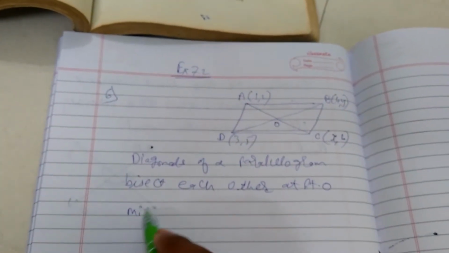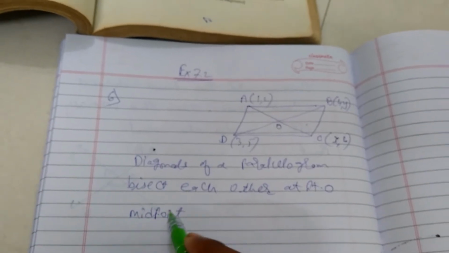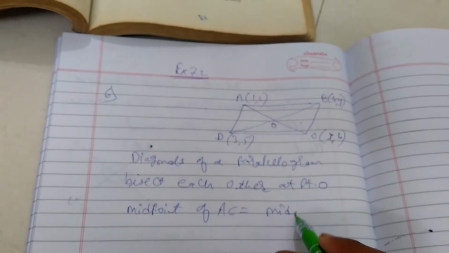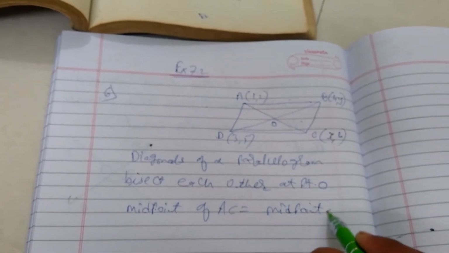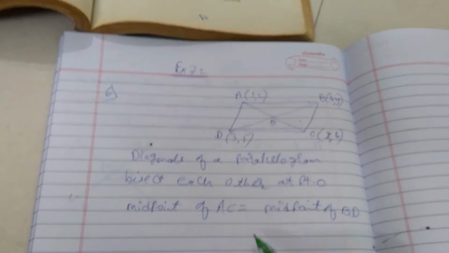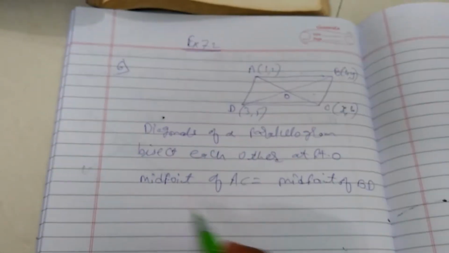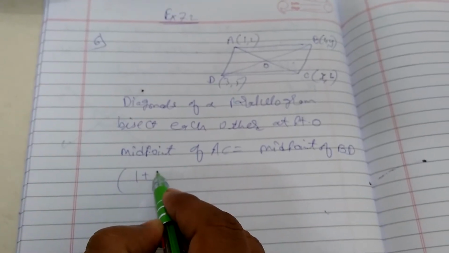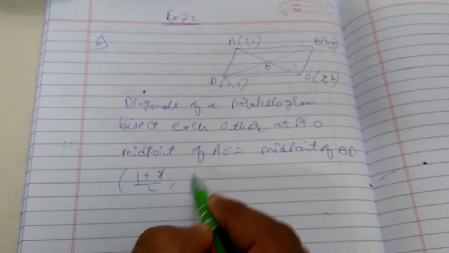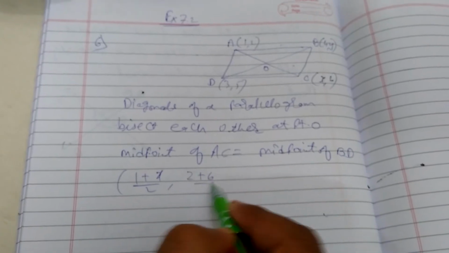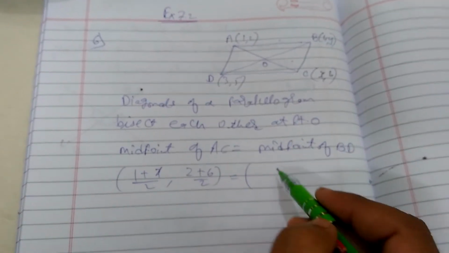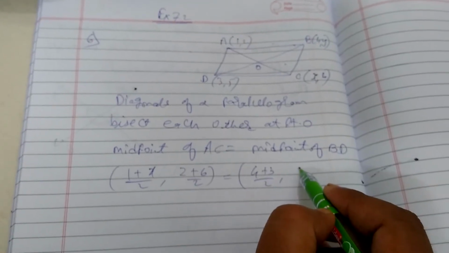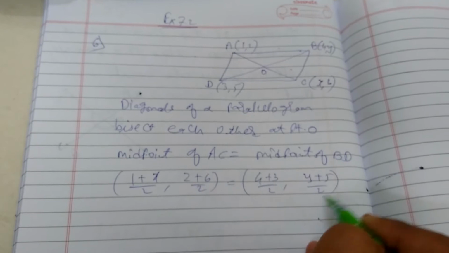So we write midpoint of AC is equal to midpoint of BD. We use the midpoint formula. For AC, here (1 plus x) upon 2 and (2 plus 6) upon 2, and on the right side (4 plus 3) upon 2 and (y plus 5) upon 2.